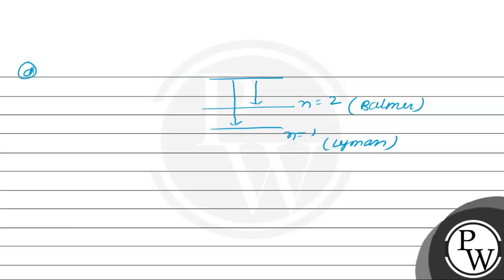So students, n equals 2 represents visible rays, and when an electron transitions from a high energy level to the ground state, that is n equals 1, this represents a photon of ultraviolet radiation, and the wavelength of UV rays is less than 400 nanometers.